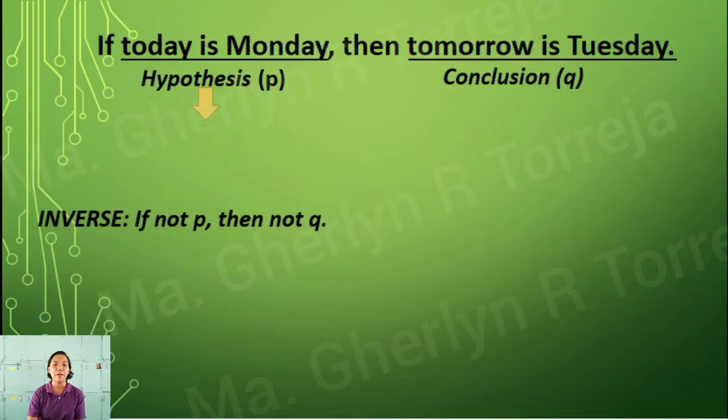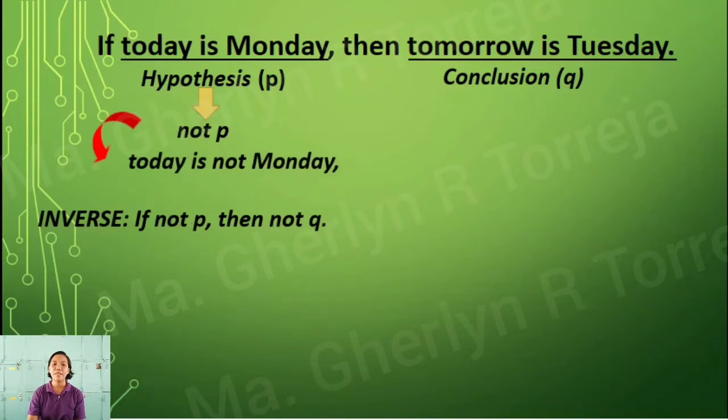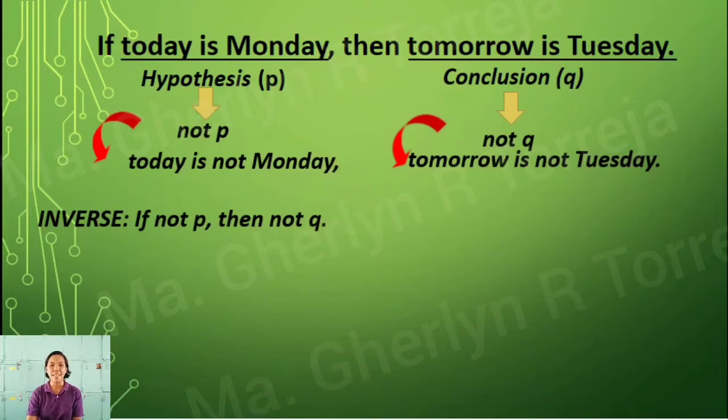Let's start with the today is Monday. So we're going to find the not P. If our P is today is Monday, therefore our not P is today is not Monday. As easy as that. And then let's have tomorrow is Tuesday is our Q. Our not Q is tomorrow is not Tuesday. Nasundan po ba?